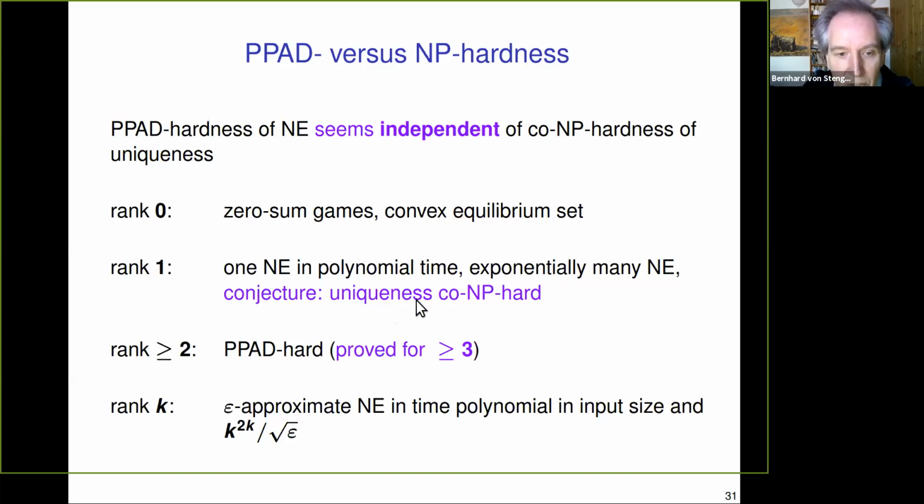Okay, so we have here this rank hierarchy, zero-sum game, everything is fine. Rank 1 is what we're doing here. And I think, as I say, the uniqueness is already NP hard, co-NP hard, and here already we have PPAD hardness. And by the way, the approximation story doesn't give you much. It's very bad in terms of the rank and also the epsilon that you want to approximate it for.